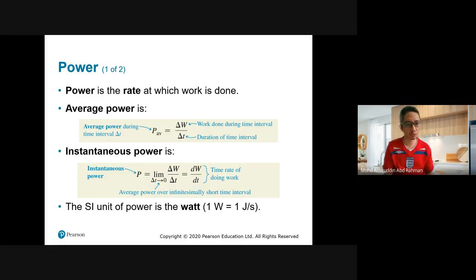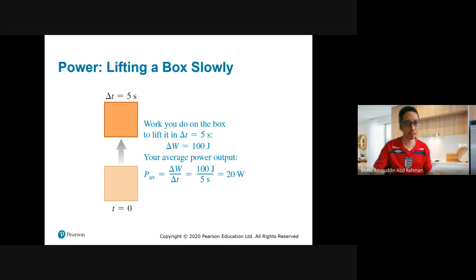Okay, so the SI unit of power is called the watt. Let's say we have a box and we lift that slowly. So you do the work on the box to lift it in delta T within 5 seconds.